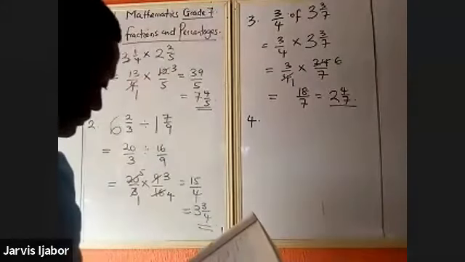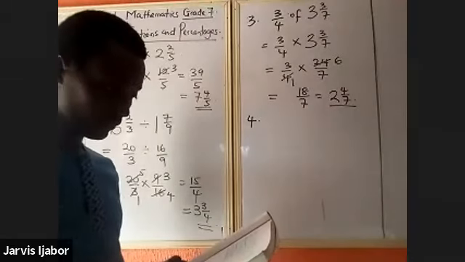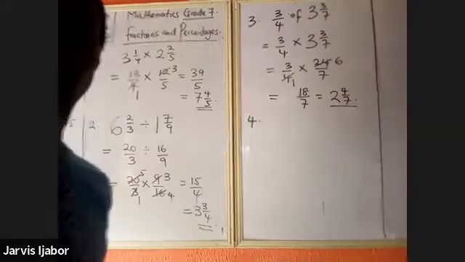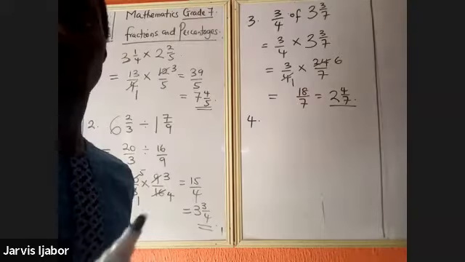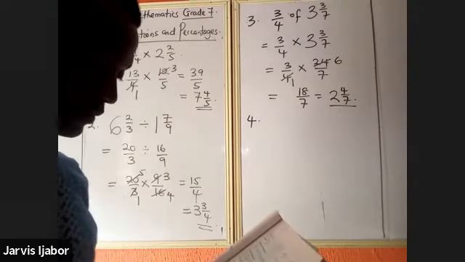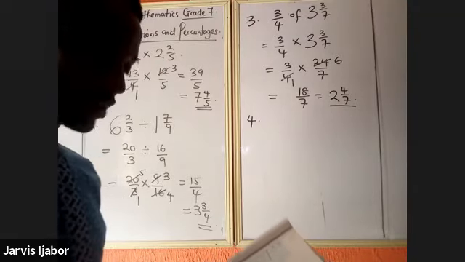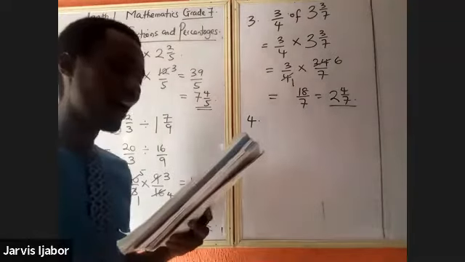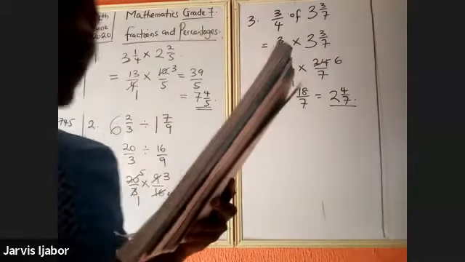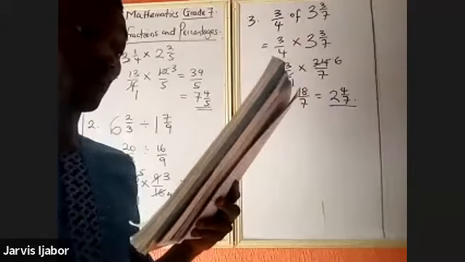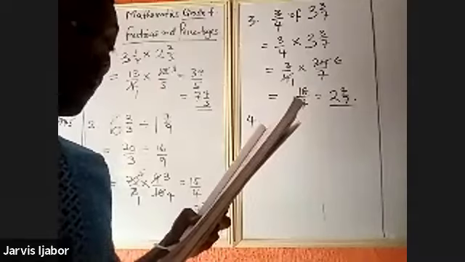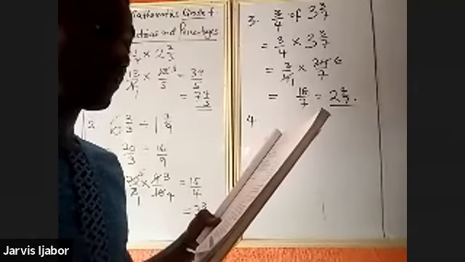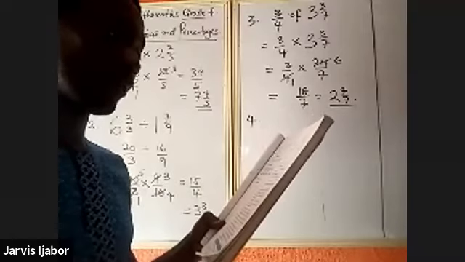What is question 4 saying? It says, does 4.5 divided into 1 4/5 mean 4 1/2 divided by 4/5, or 4/5 divided by 4 1/2?